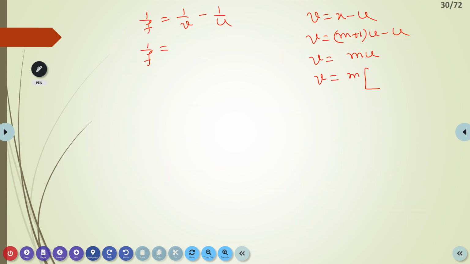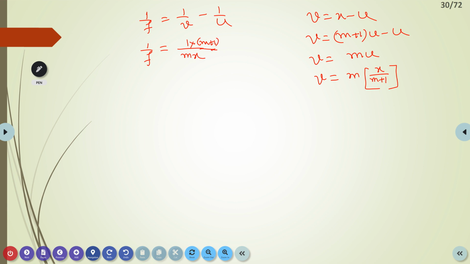Substitute this. X divided by M plus 1. Here 1 by F equal to 1 by V. What you have to write? 1 by V is M into X into bracket M plus 1, M plus 1.